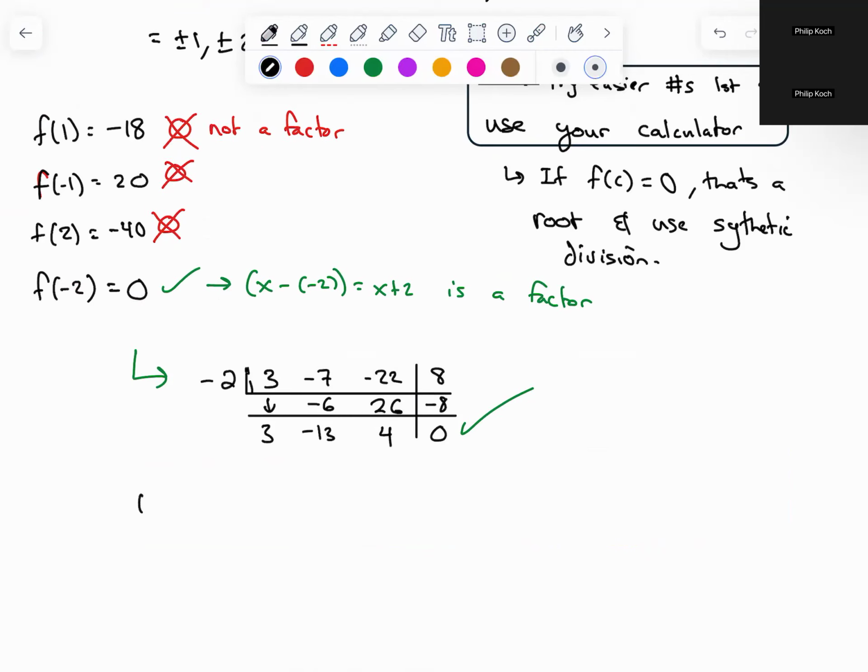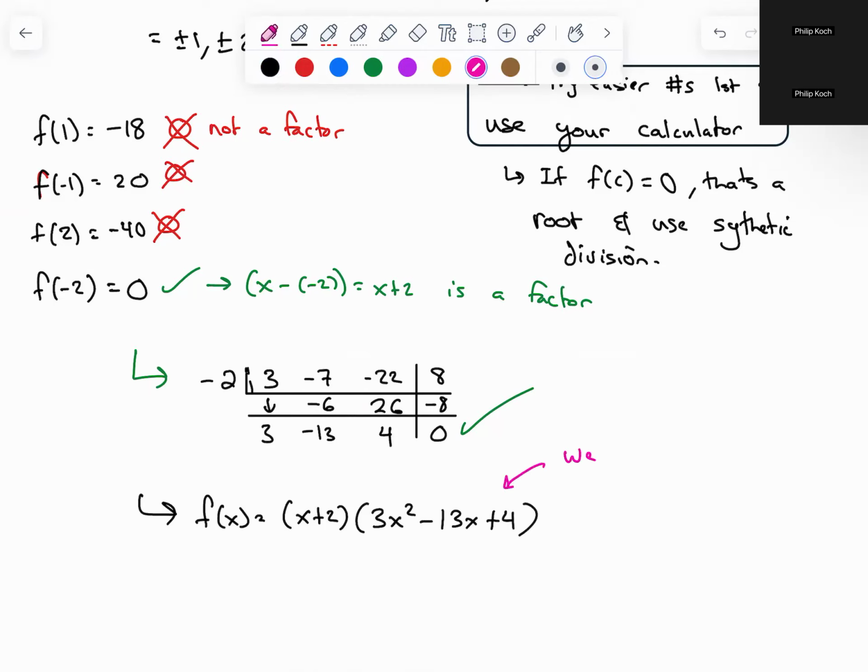So this tells us, therefore, that f of x is equal to x plus 2, the piece that we divided by, times our quotient, 3x squared minus 13x plus 4. And that is a quadratic.